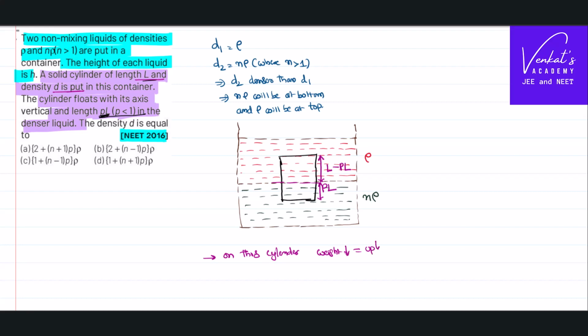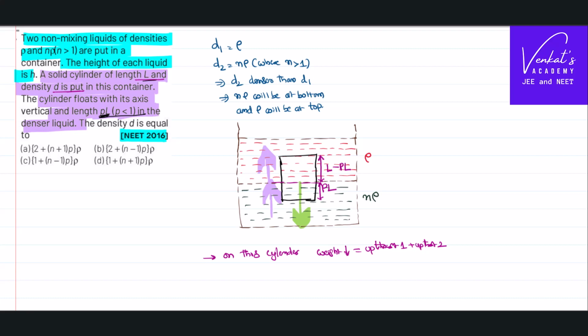These two liquids apply upthrust. Upthrust always acts in the upward direction. So these two upthrusts are balancing its weight. Weight is acting downward, and the upthrust of this liquid as well as this liquid act upward, and both are balanced with the weight. So what formulas can I write?